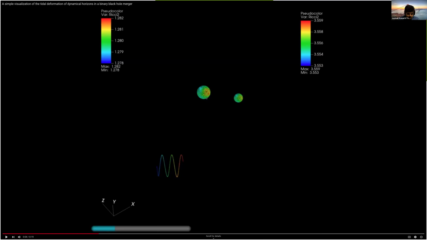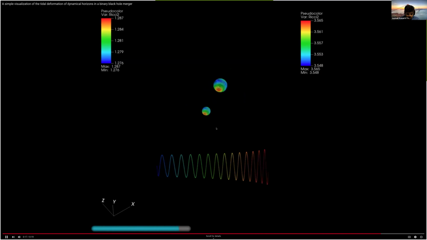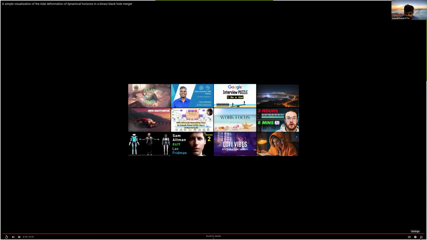And this pattern actually follows the orbital evolution of the system. The gravitational waveform from the system is plotted below. And as time goes on, the deformations increase, as you can see from the intensity of the colors here, before they would finally merge to form a single horizon. Okay, going back to the presentation.